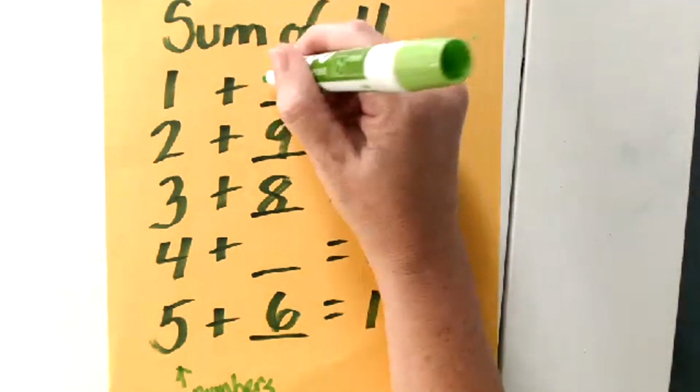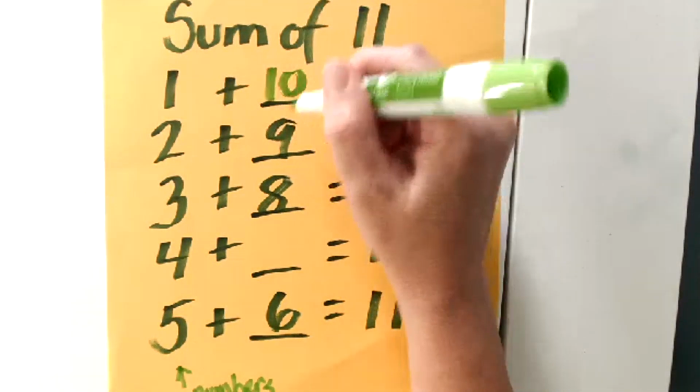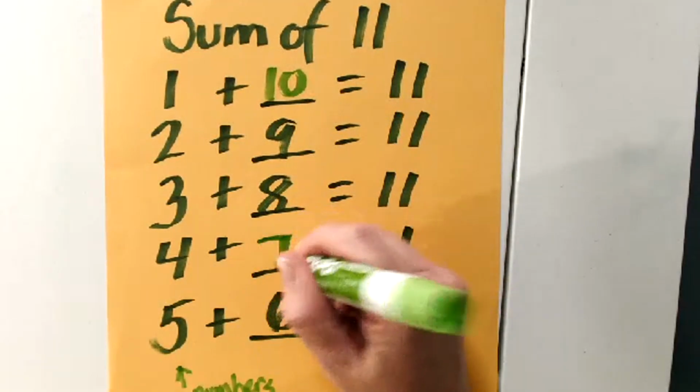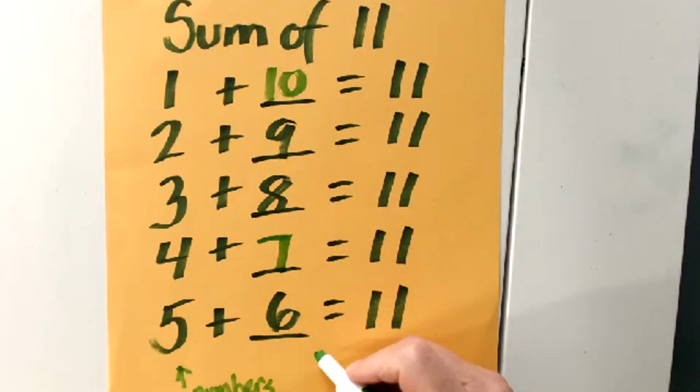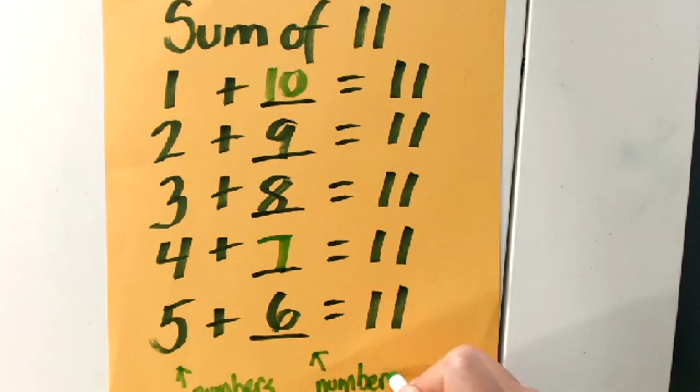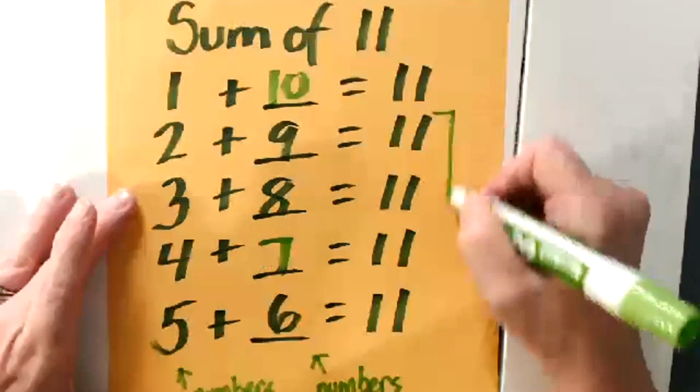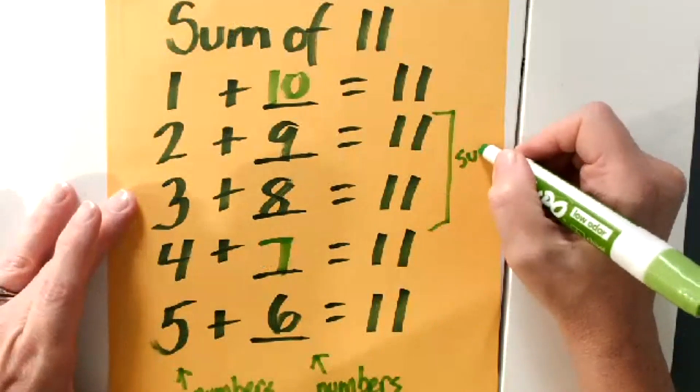We have 1 plus 10, 9, 8, 7, and 6. So these numbers, they decrease. These numbers decrease. The sum is the same.